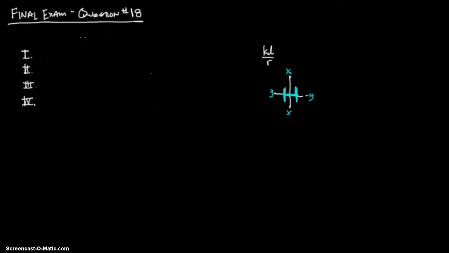Let's just go down the list and say yes or no for each. The first one says K is a constant determined by the yield strength of the structural steel. And that's a no. It is determined by the end conditions. So if you have a pin to pin, I think that's K equals 1, if I remember correctly. And you could have a fixed-free condition where it's free to translate and rotate.